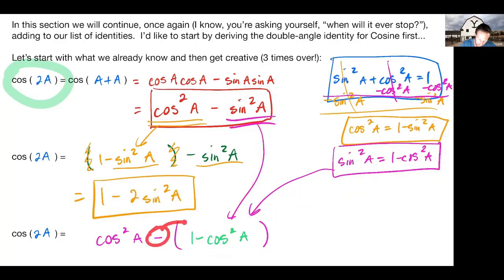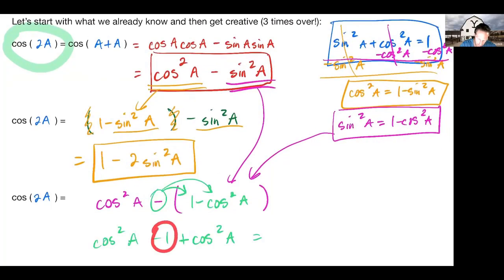So I'm actually going to have to distribute a negative to both of those, and that will give me a -1 and then a positive cosine squared. And because I have a cosine squared a there plus another, that means I have 2 cosine squared a's, and then I have this -1.